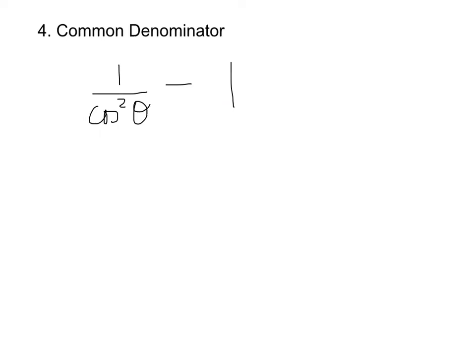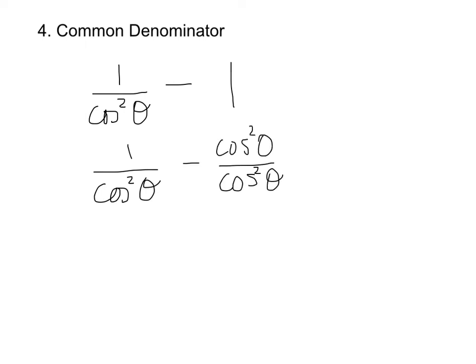Another helpful technique is to find a common denominator, just like you would for fractions. You can see here you have 1 over cosine squared theta minus 1. So the common denominator for this equation would be cosine squared theta. So 1 can be written as cosine squared theta over cosine squared theta.